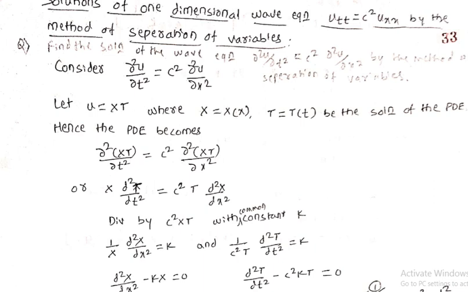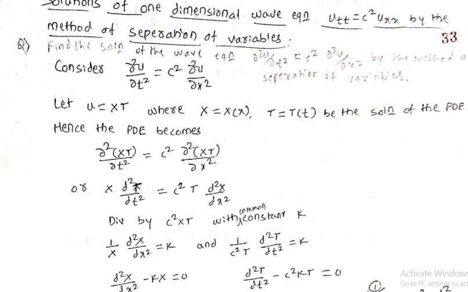Similarly on the right hand side, with respect to x, we write XT as T into d square X by dx square, into c square here. So with respect to t, multiply by X, and with respect to x, multiply by T.